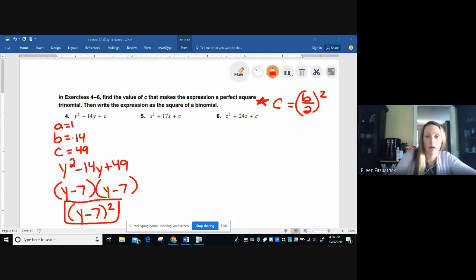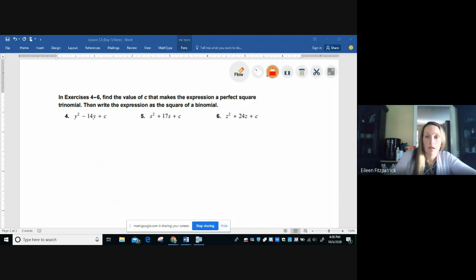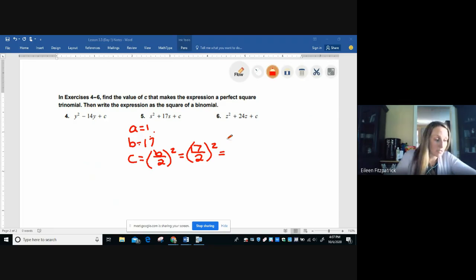Okay, let's do another one. So for this one, my a value is 1, my b value is 17. To figure out my c value, I take b divided by 2 and I square it. So that's going to be 17 over 2 squared. Now 17 is not divisible by 2, and I'm not going to use a decimal.